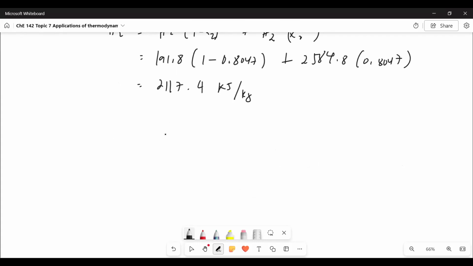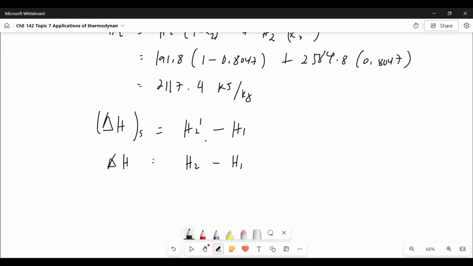And therefore, our isentropic delta H, which means delta H during isentropic expansion, is equal to isentropic H2 minus H1, right? While our actual delta H is equal to H2, this is H2 actual, minus H1.